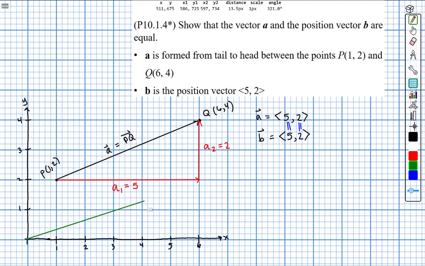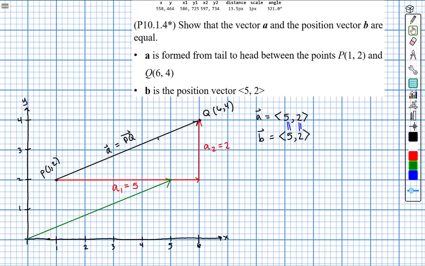We are going to take vector B 5 units along the x-axis, and then up 2 units along the y-axis, and this is vector B. Now, if vector A and B are truly equivalent, then we should be able to superimpose them and have one vector lying on top of the other.